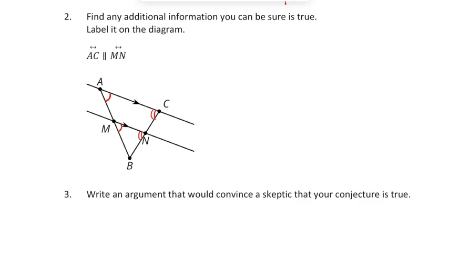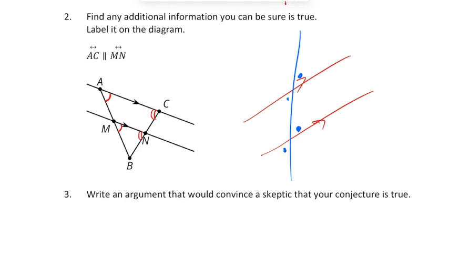Two parallel lines with a transversal going through it creates corresponding angles that are congruent, vertical angles are congruent, consecutive angles are supplementary, etc. That's something from last year.